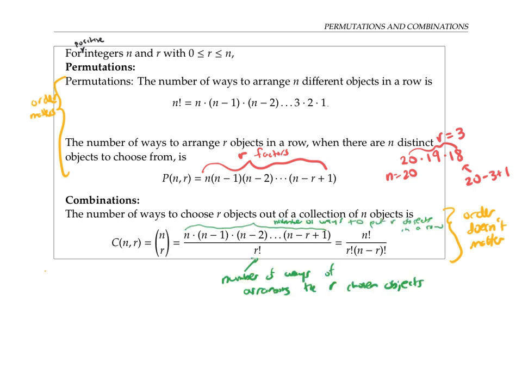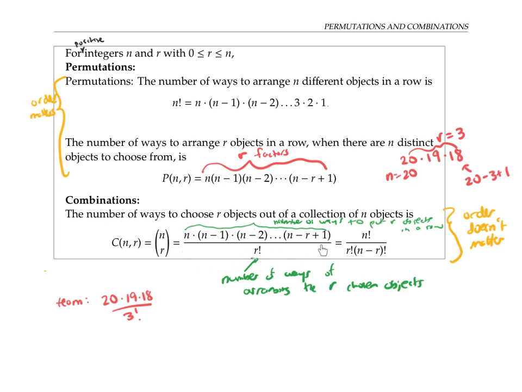If we didn't divide, we'd be overcounting because we'd be counting each set r factorial ways, once for each way of arranging it. This matches up with our problem involving the team of 3 players out of 20 club members, which we found by doing 20 times 19 times 18 over 3 factorial.